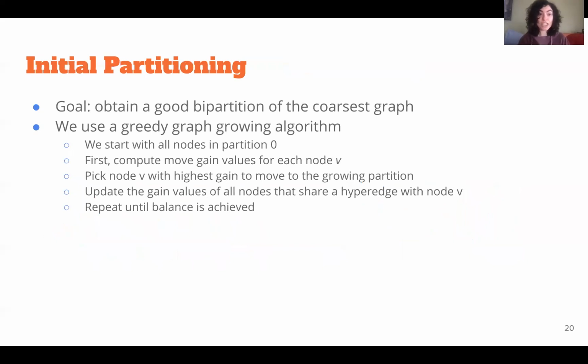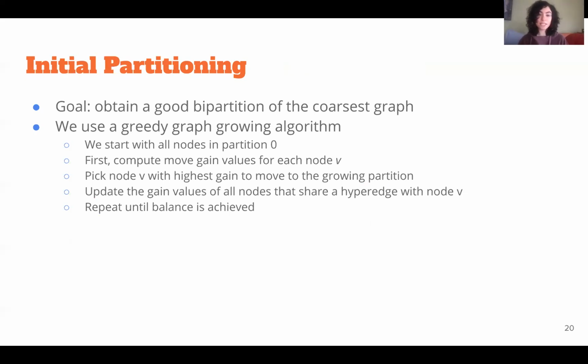The next phase is the initial partitioning. The goal here is to obtain a good bipartition of the coarser graph. Here we use a greedy graph growing algorithm to obtain this good bipartition. In this algorithm, we first start by putting all the nodes in one partition, let's say partition 0. Then we compute the move gain value for each of our nodes.